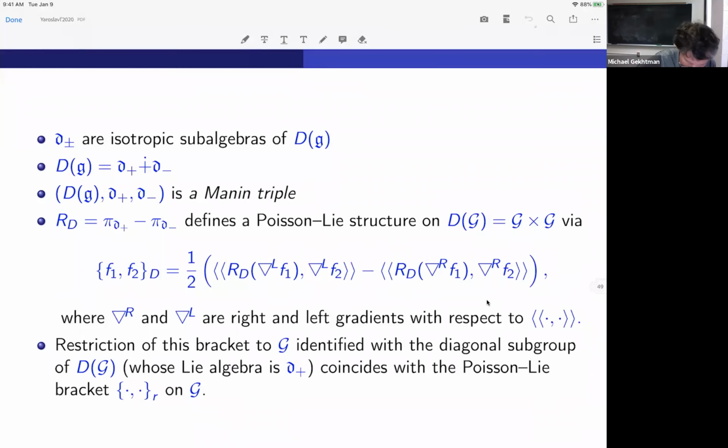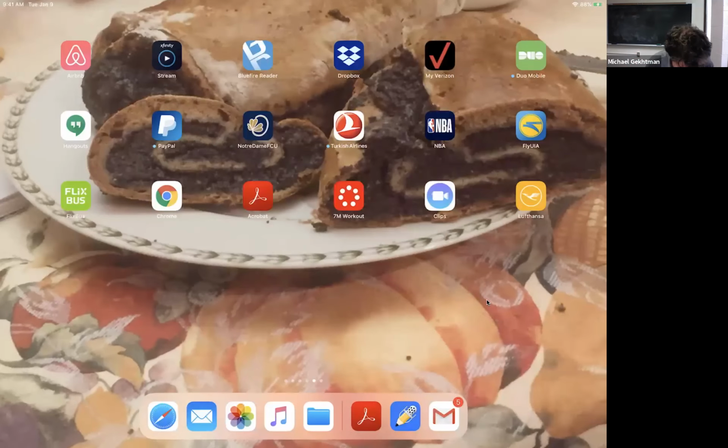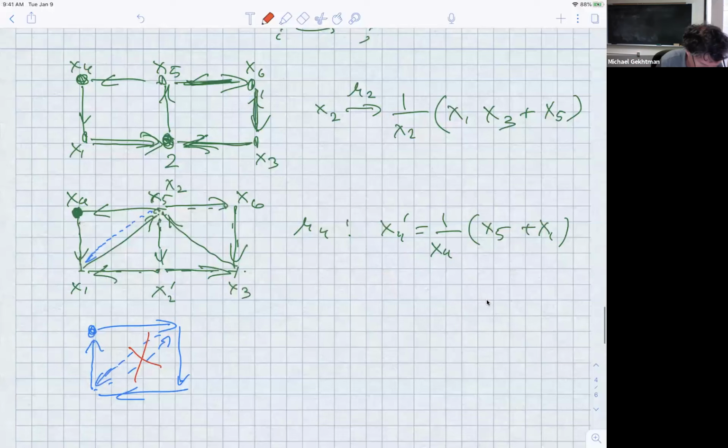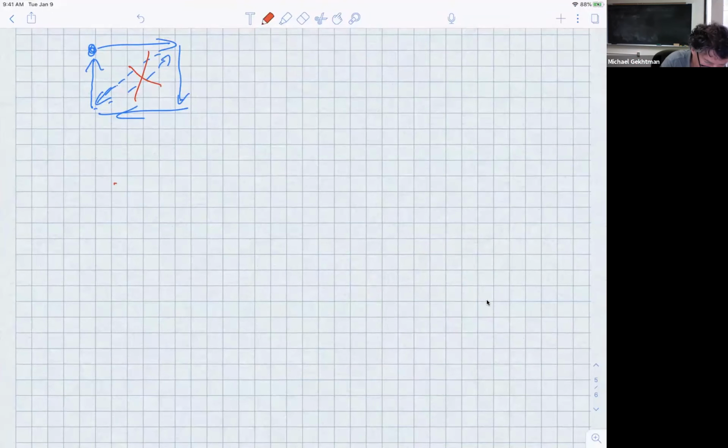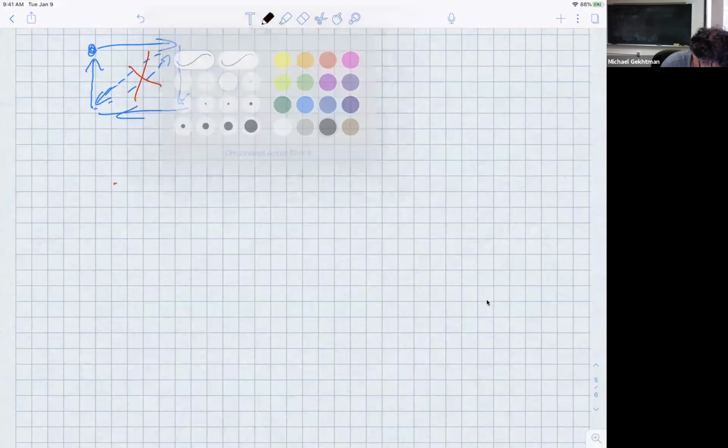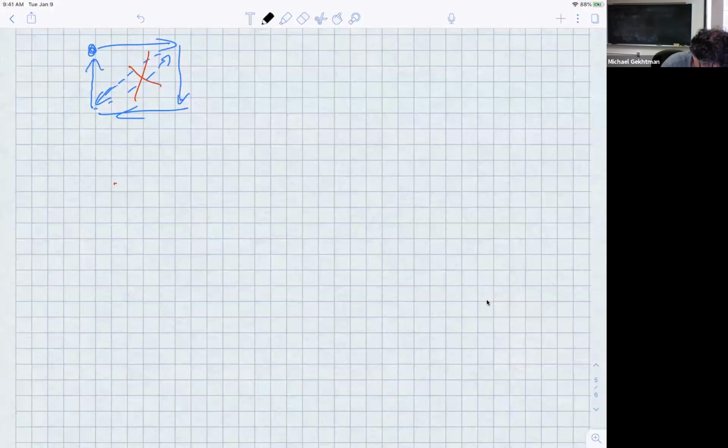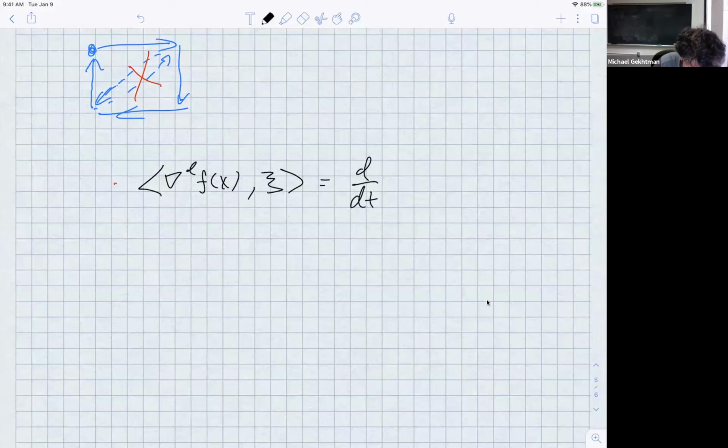So, maybe let me write it right here. Sorry about this. If you consider nabla L F at X, coupled with psi, it is d by dt of F of X times e to the t xi.